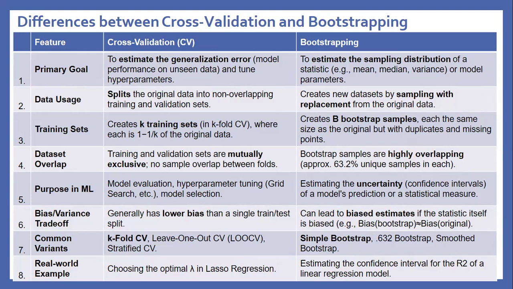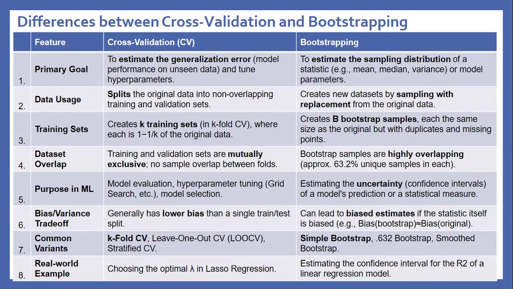Dataset overlap: in cross-validation, training and validation sets are mutually exclusive, with no sample overlap between folds. Bootstrap samples are highly overlapping, with approximately 63.2% unique samples in each.